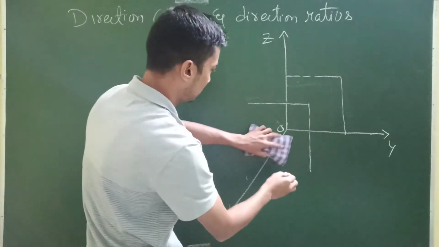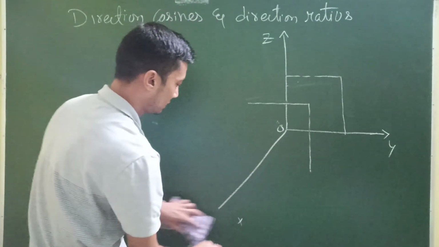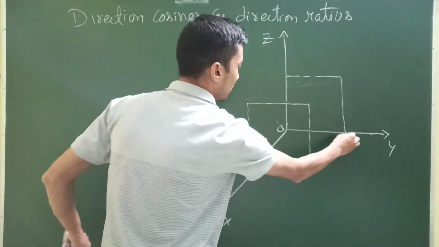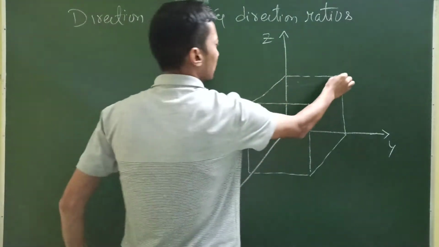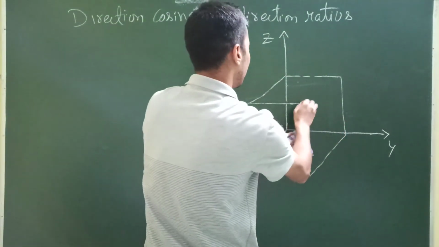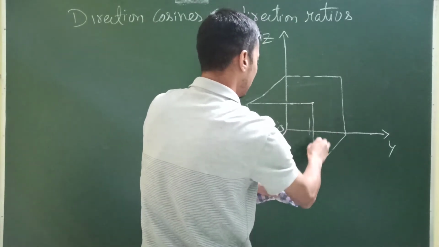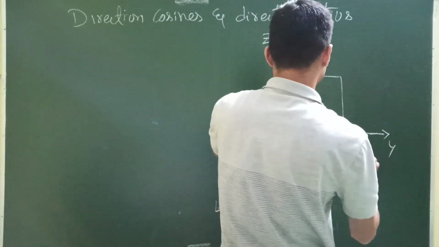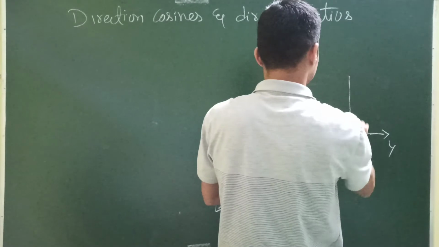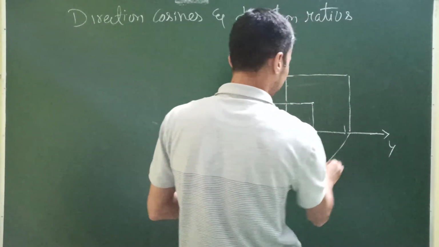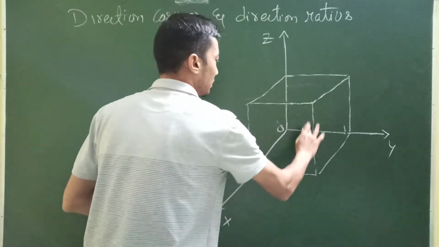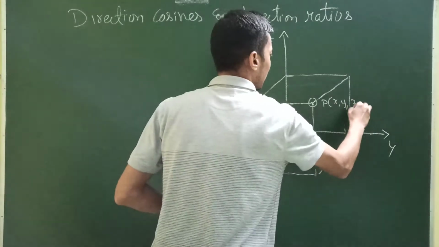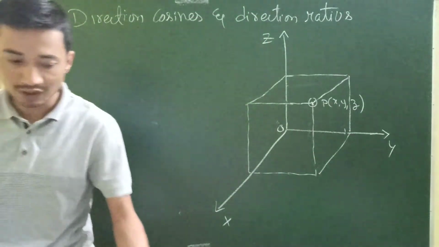Sometimes it's kind of difficult, since we have to draw it in terms of our imagination. Let me take this a little bit far away so that I have some more space for the point. Okay, I think that would be good enough. So let this be our point P, x, y and z.